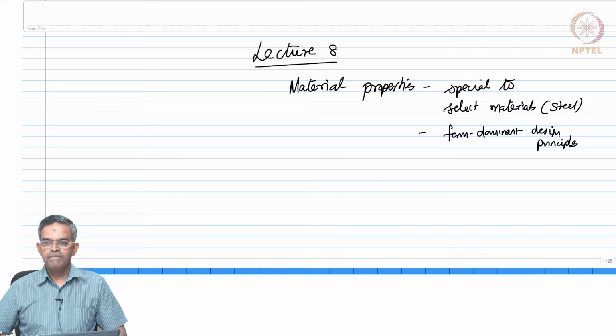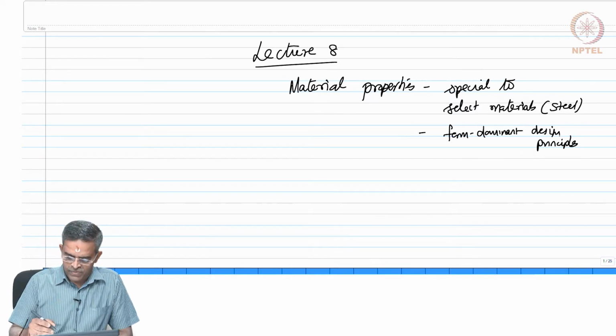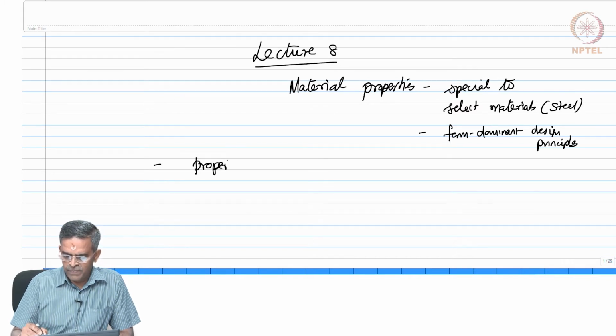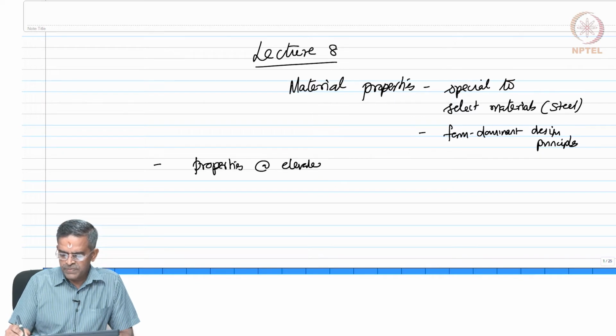So, steel is a large set within which there are a lot of classifications which we discussed in the last lecture. We will now continue to do that and try to understand the properties of steel at elevated temperatures in this lecture. So, we will talk about special properties of steel at elevated temperatures.